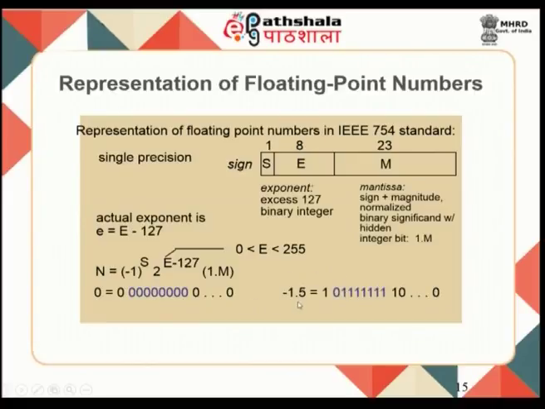As far as your exponent value is concerned, the number is minus 1.1 into 2 power 0. So, to that you will have to add the bias value of 127, and when you add that, this becomes your exponent value. So, this is the biased exponent value, this is the normalized mantissa value, and this is the sign of the number. So, this is how you represent minus 1.5.